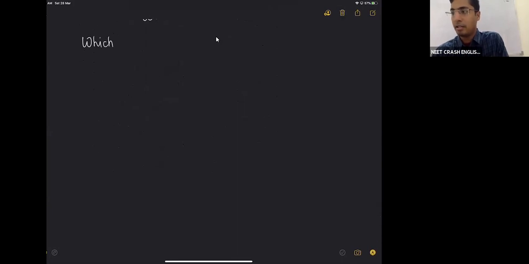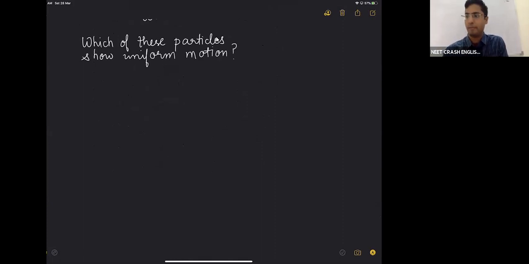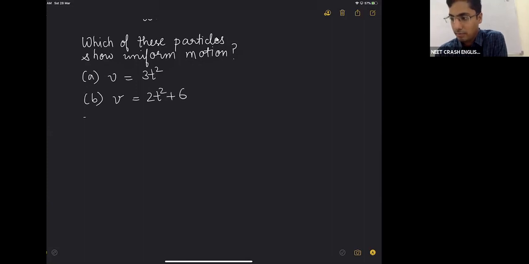Which of these particles show uniform motion? v equal to 3t square, v equal to 2t square plus 6, v equal to 6 meters per second, and v equal to 2t cube minus 6t square.